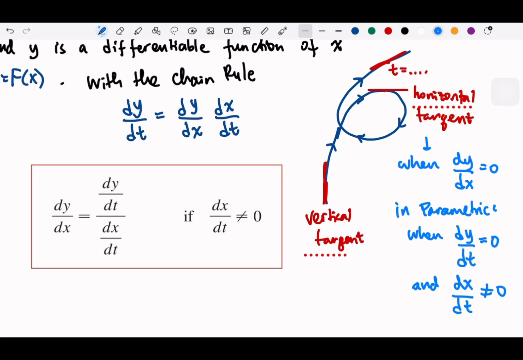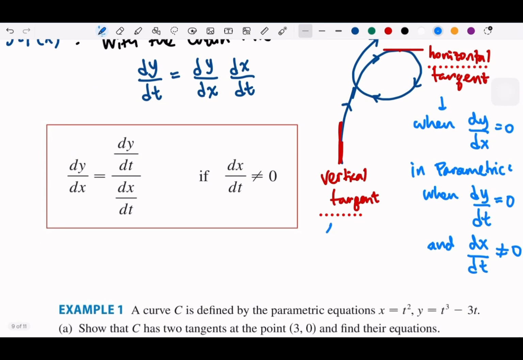So vertical tangent is when dx dt is 0 and dy dt is not 0.